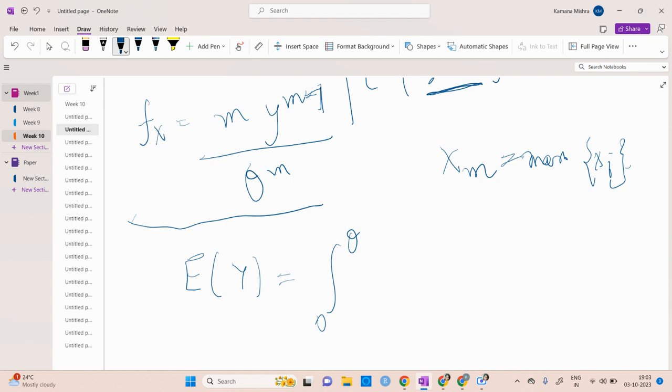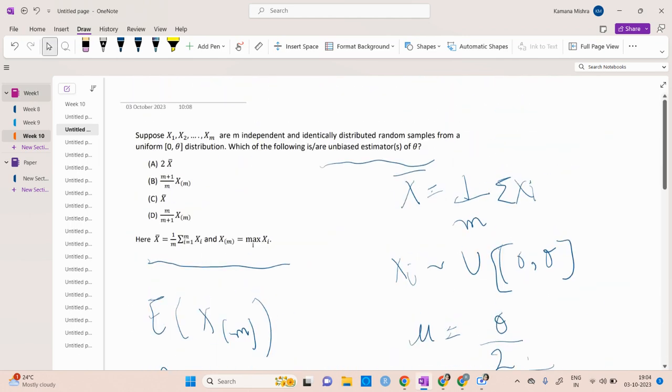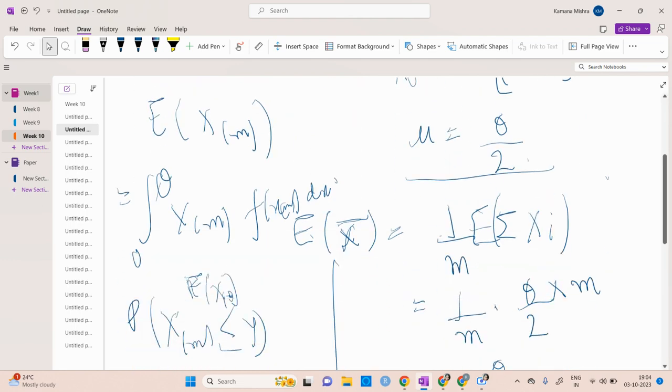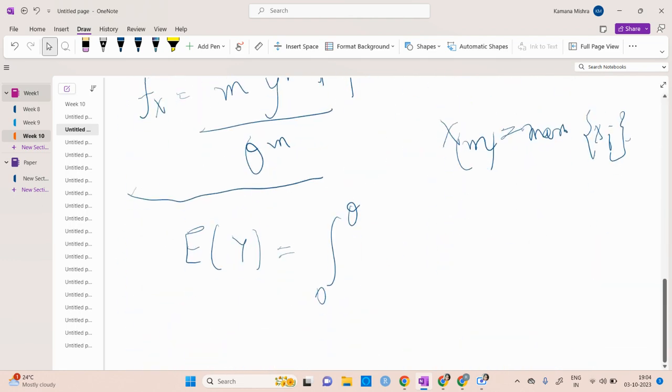It can be x1, it can be x2, it can be x3, it can be anything from 1 up to m, whichever is maximum, and all xi's follow the uniform distribution. So for all xi the limit is 0 to theta. So let's say x bracket m is equal to x4, then x4 also follows the same distribution u0 to theta, so this limit will be the same, right?